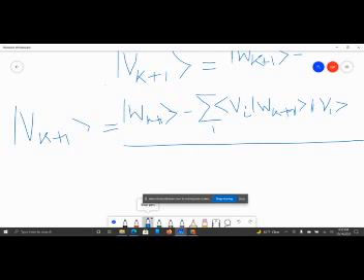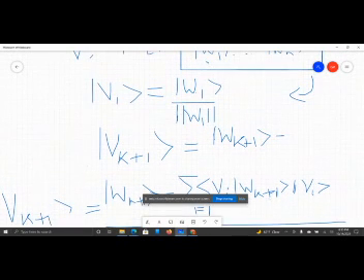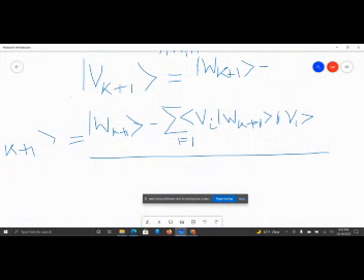But before we get to that, this i actually goes from 1. So it starts with that first vector we defined before, where we just normalized it, and then it goes till the vector right before this. That is, i goes from 1 to k, basically.